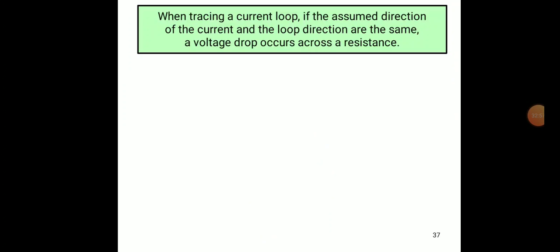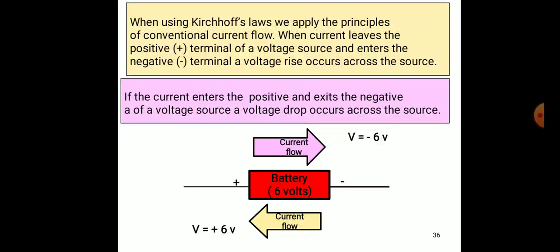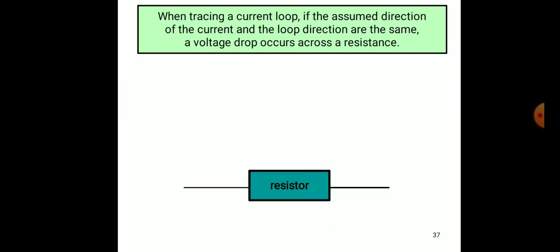The battery has plus and minus terminals. Current always flows from plus to minus, 6 volts. Current flows, plus 6 volts.